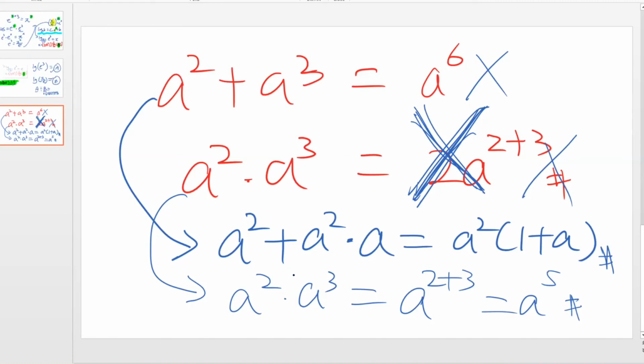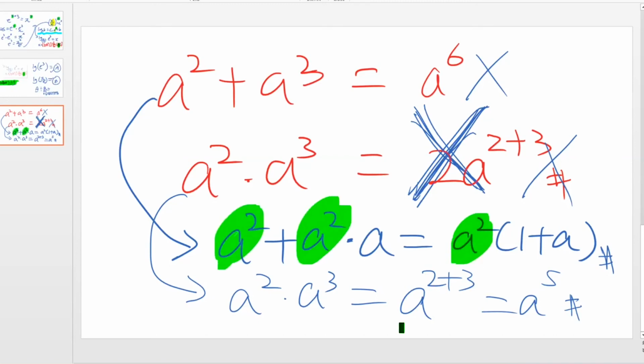Okay. So the first one. Wait, can I ask for the first one? Take out the common factor. When it comes to plus, then you need to look for common factor. When it comes to times, then just add the power.